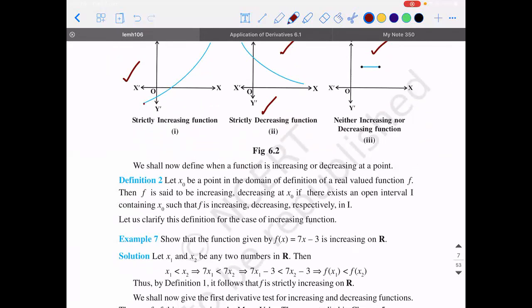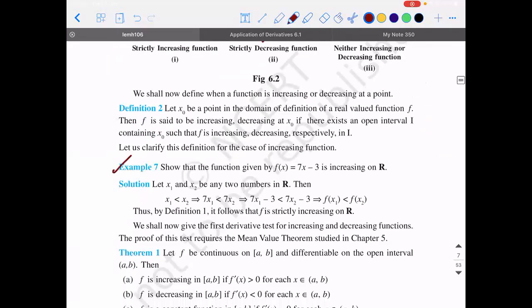So with the current knowledge that we have, let's try to solve a simple problem. Show that the function f of x is equal to 7x minus 3 is increasing on R. If you take x1 less than x2 as some random interval, they are saying this whole function is increasing on the real number system itself.